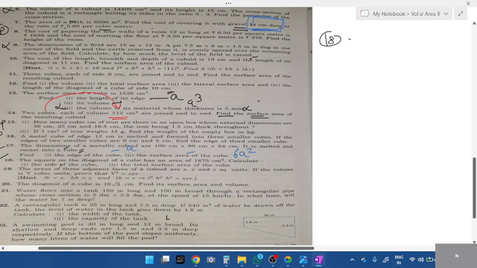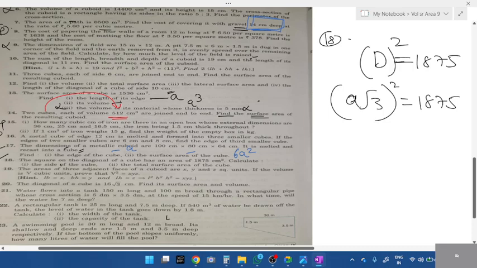The square on the diagonal of a cube. What is the diagonal of the cube given? Diagonal is 1875. Is it a normal value or the square of this given? They have given the square. What is the diagonal formula, students? Diagonal is a root 3. Square it.